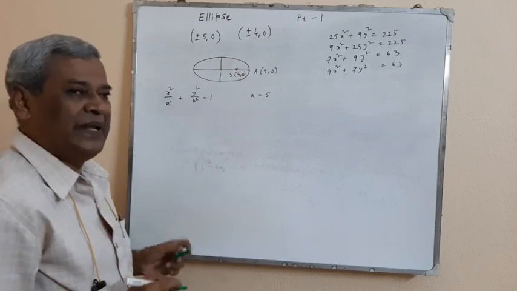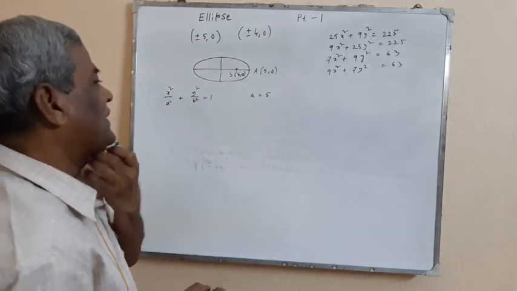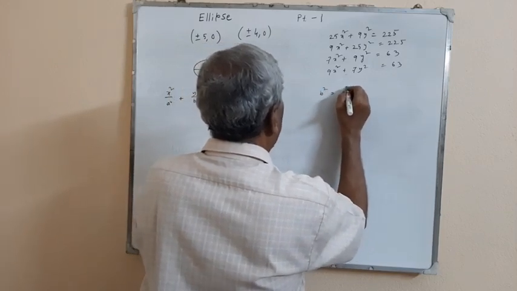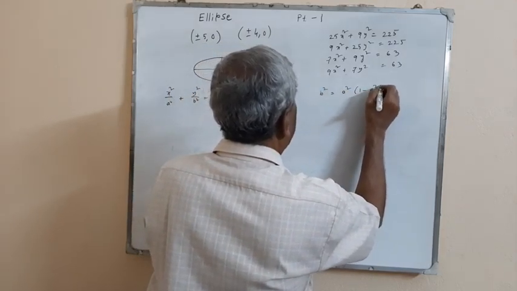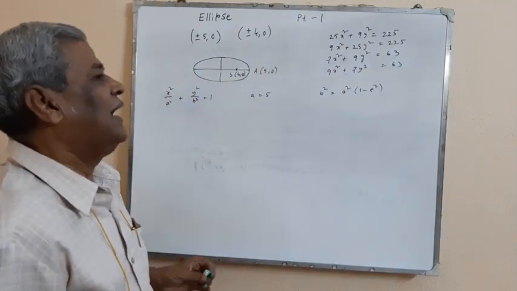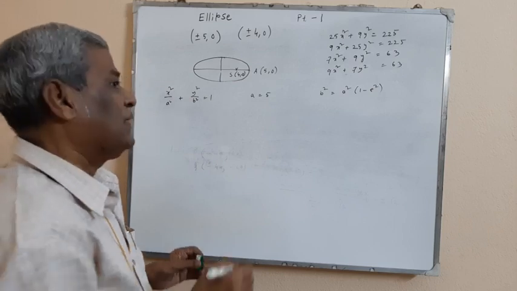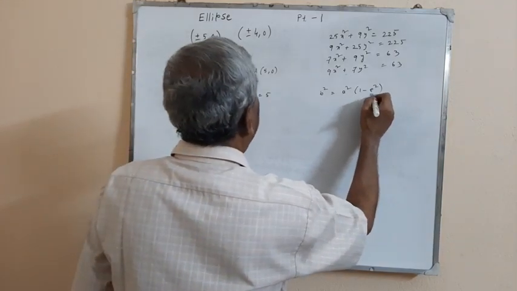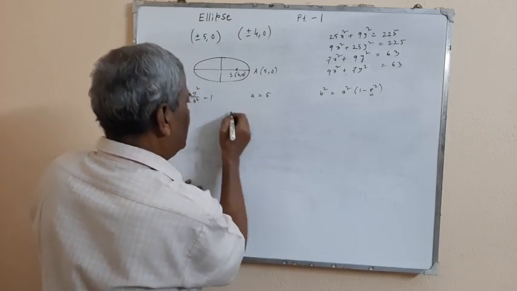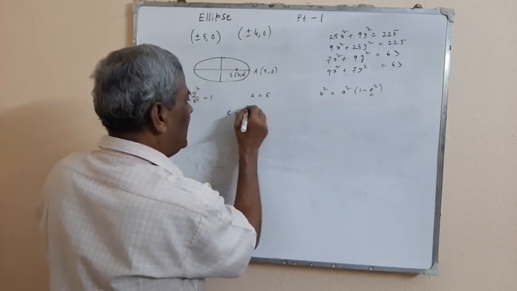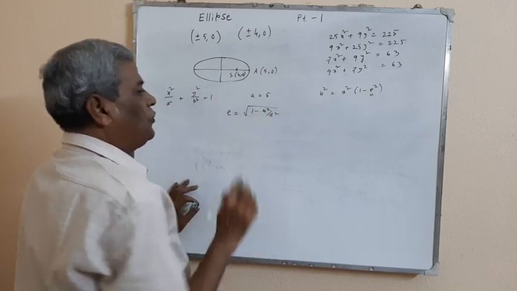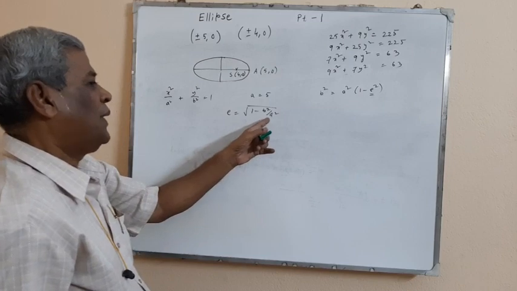Now we have to obtain b. For that purpose, the formula is b square is equal to a square into 1 minus e square. So before that we have to obtain the value of e.